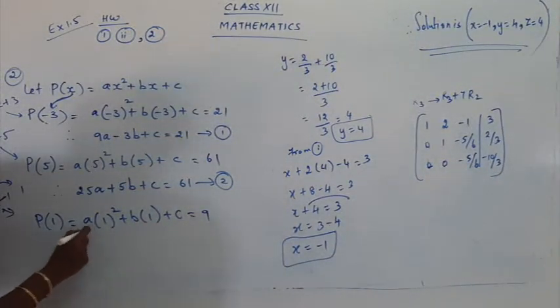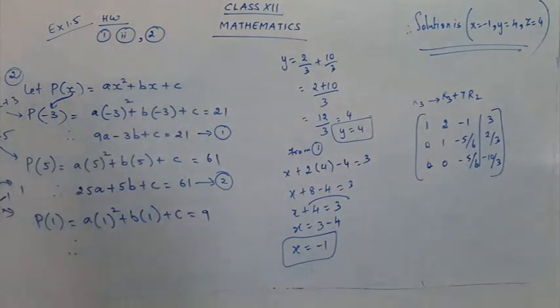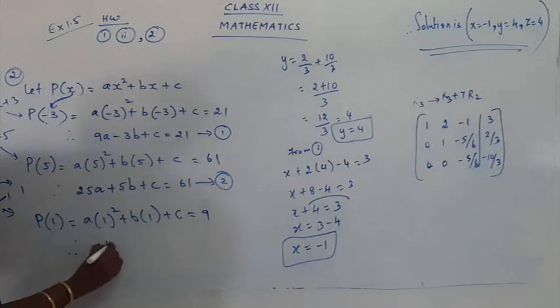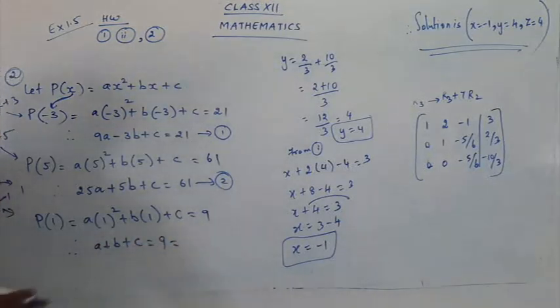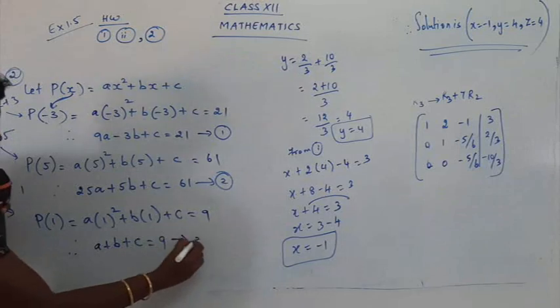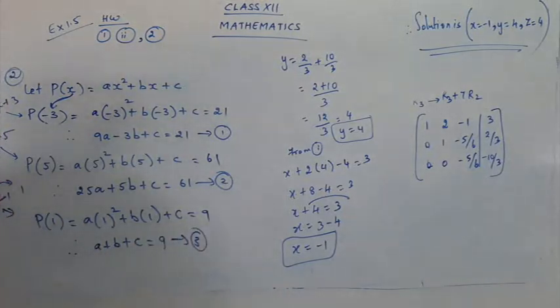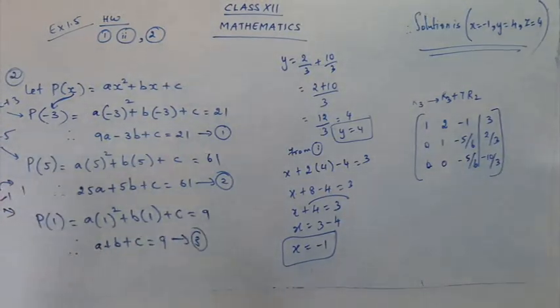So what do you get here? 1 into a gives you 1a. No need to write 1a, we just mention it as a. So a plus b plus c is equal to 9. The remainder is already written. So a plus b plus c is equal to 9.